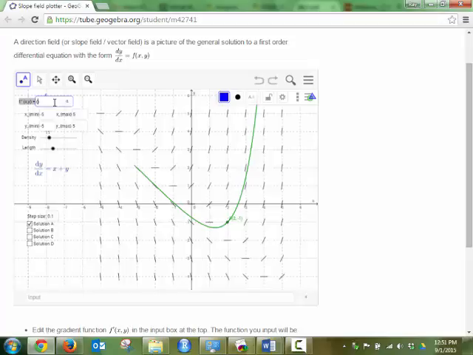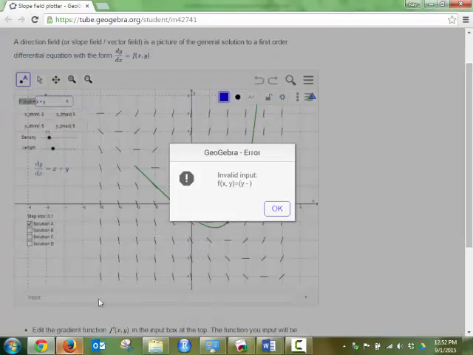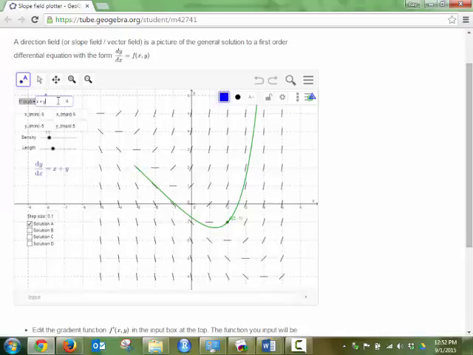I could just type that equation in, dy dx, and this is equal to, what is it, y minus or plus? y minus x times y? y minus, parentheses, y minus x times y, close parentheses, divided by x squared.